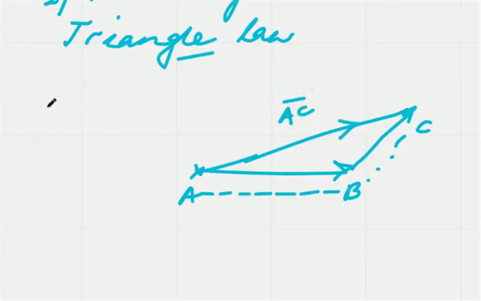It simply says that you arrange the vectors such that the end point of one marks the start point of the second vector. And now when you add them, you get AC bar is equal to AB bar plus BC bar.